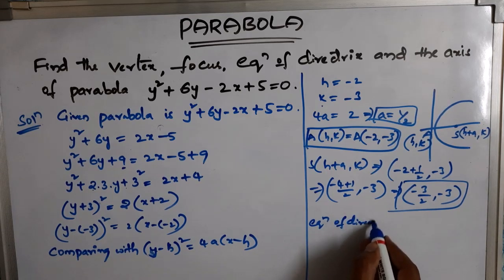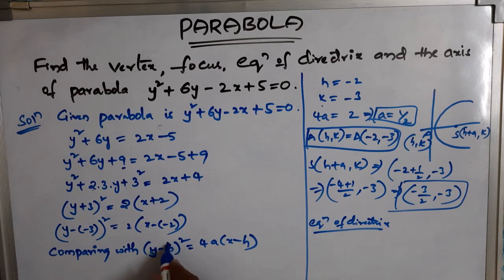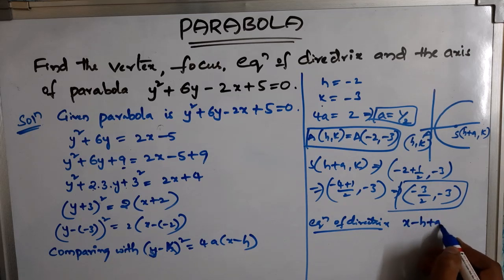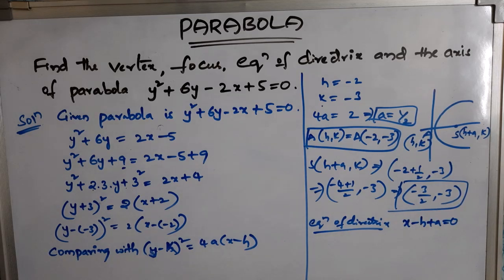Now the equation of directrix. Equation of directrix in case of y minus k whole square is equal to 4a into x minus h is x minus h plus a is equal to 0, that is x plus a is equal to 0. This is the equation of directrix. So substitute the value of h and a here.